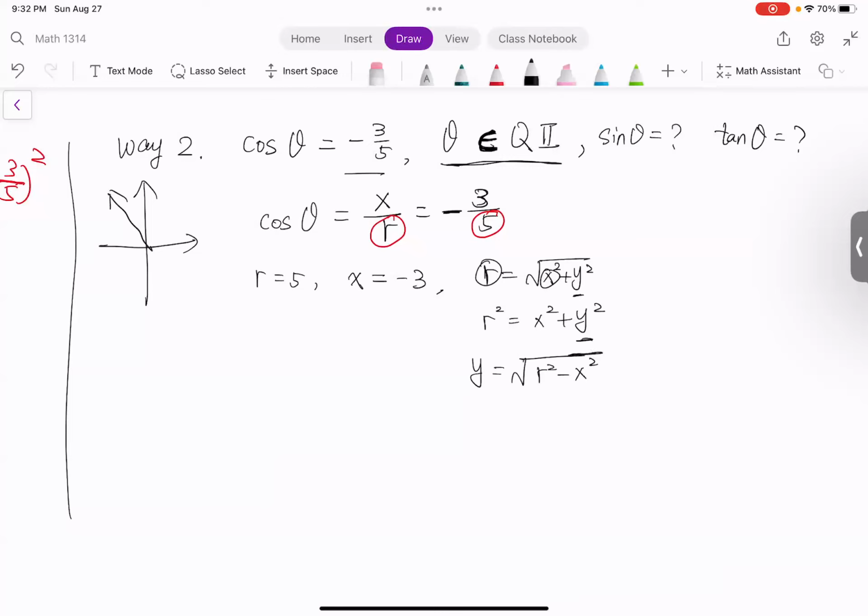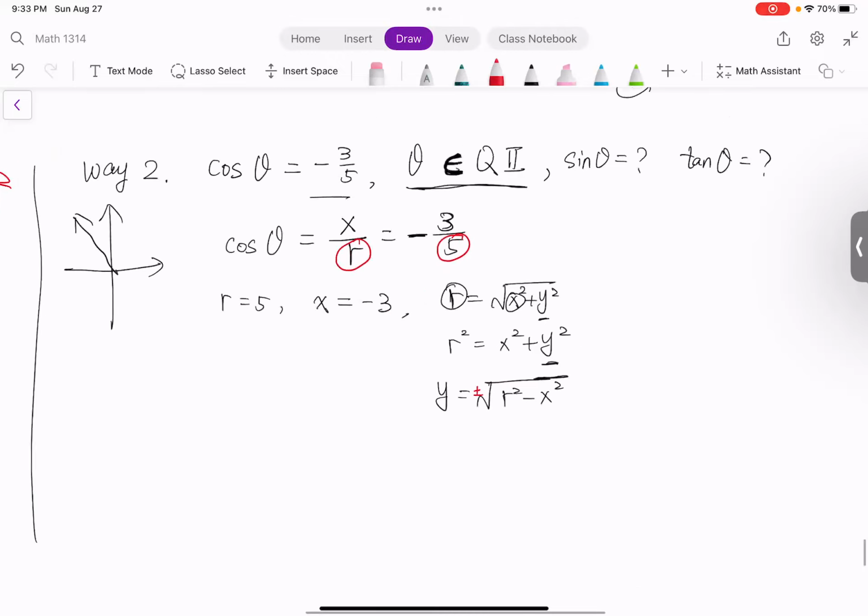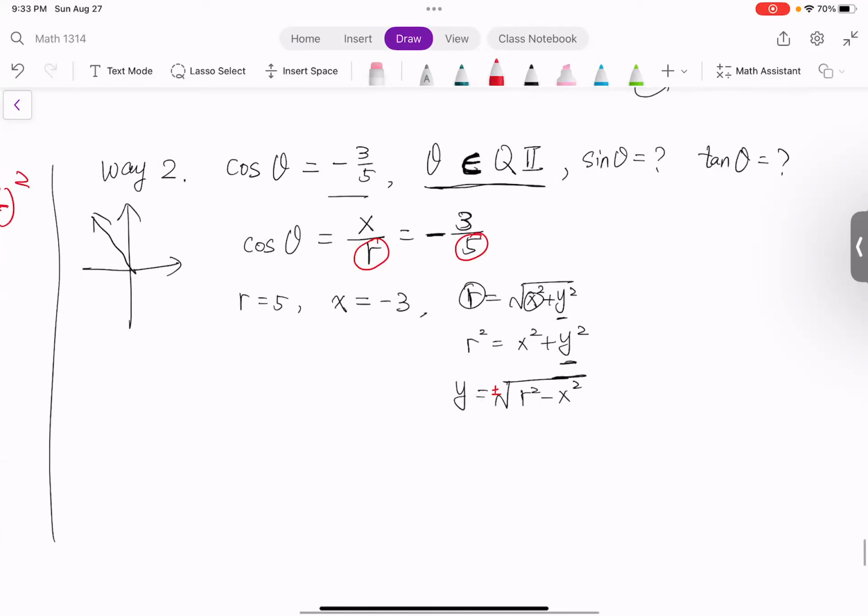But I must have a positive or negative sign here because I want to isolate the y. That is the variable with unknown sign. So let's find the y by the formula. Let me ask you, in the second quadrant, is y positive or negative?